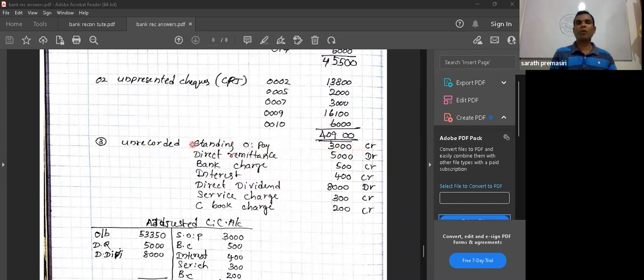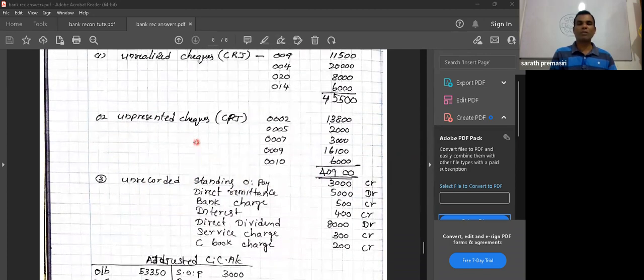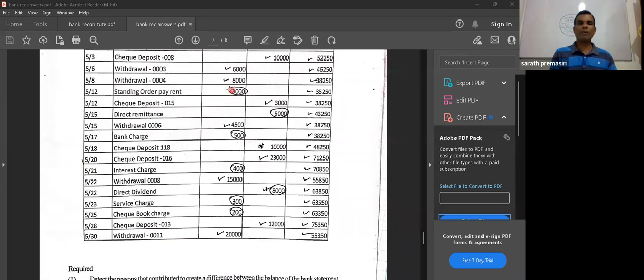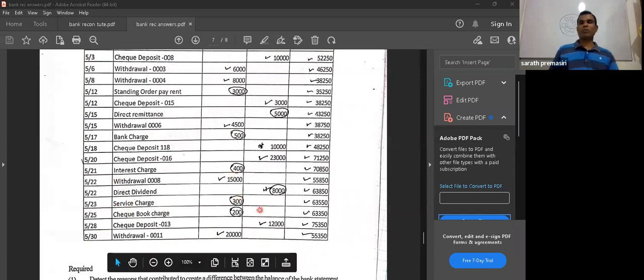Please type debit column values only. Here: unrecorded standing order payments, unrecorded bank charge, unrecorded interest charge, unrecorded service charge, unrecorded checkbook charge. Write down please.